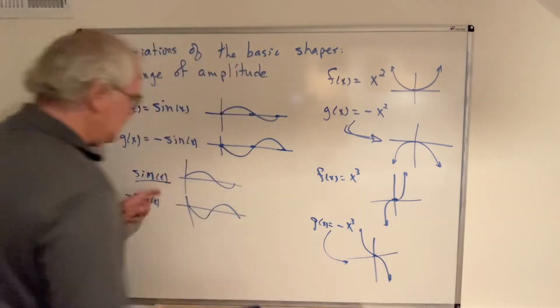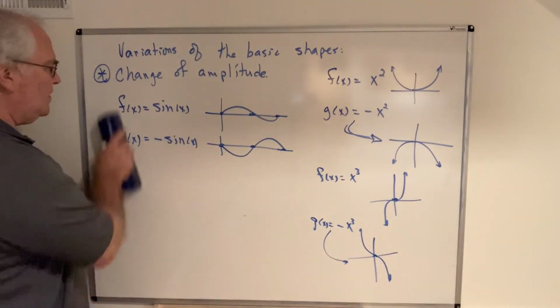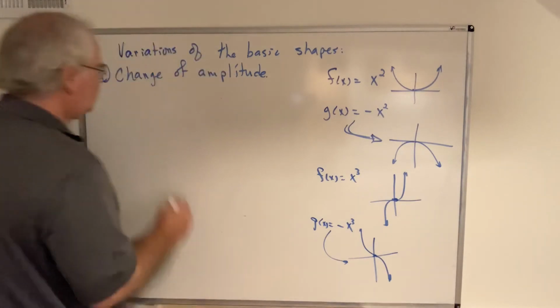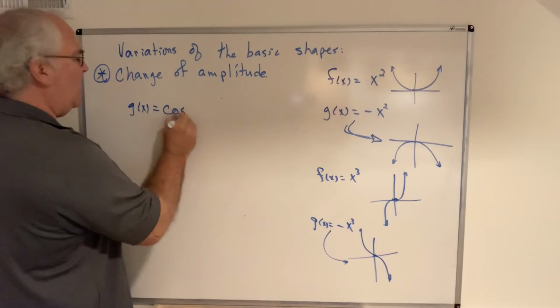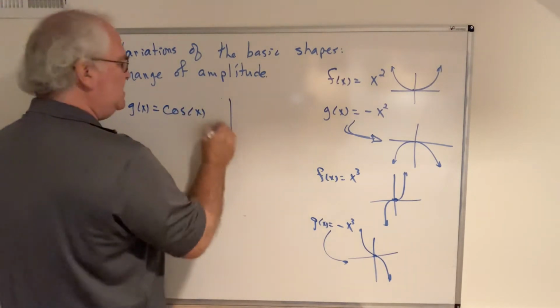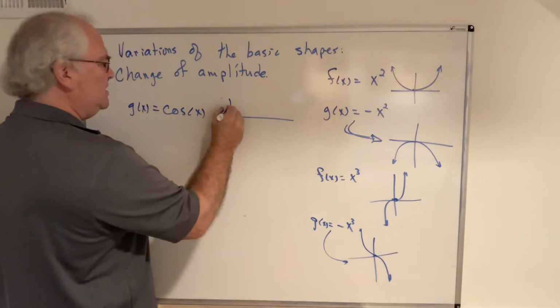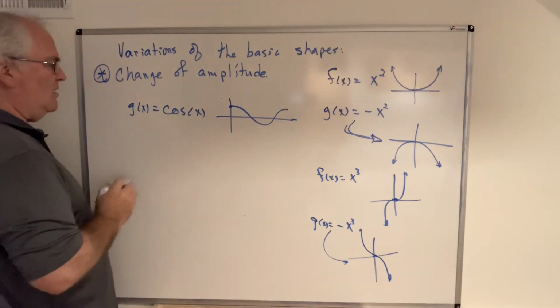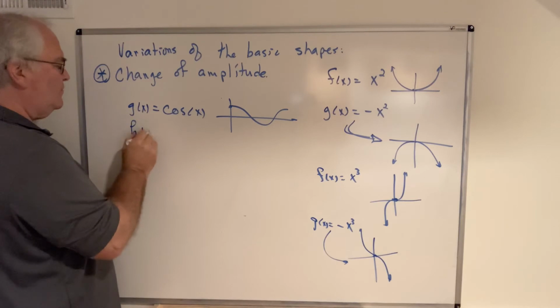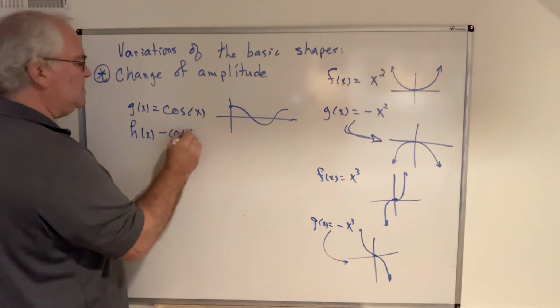Similarly, in an exactly similar fashion, suppose I take g of x is equal to cosine of x. What does the basic shape graph look like? Cosine starts at the peak. All right? So that's the basic shape cosine graph. What does negative cosine look like?